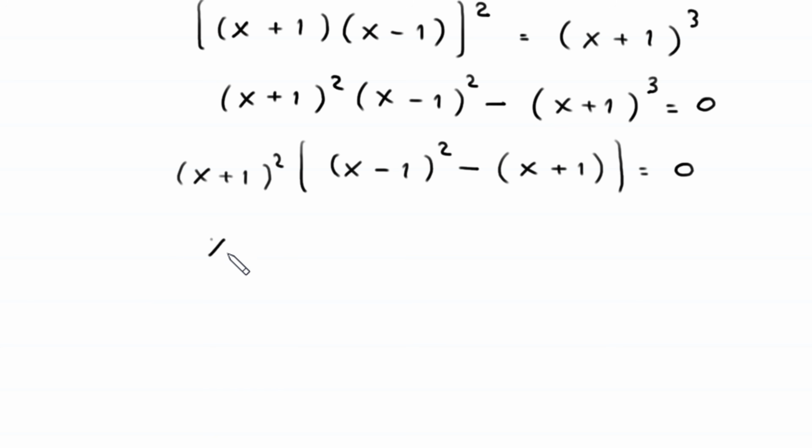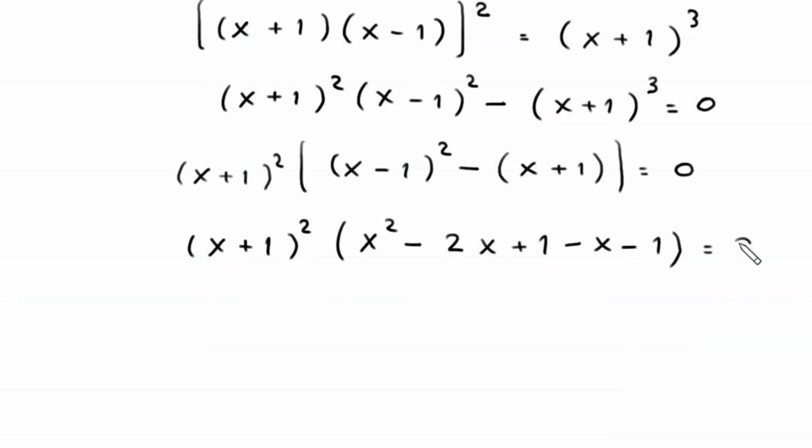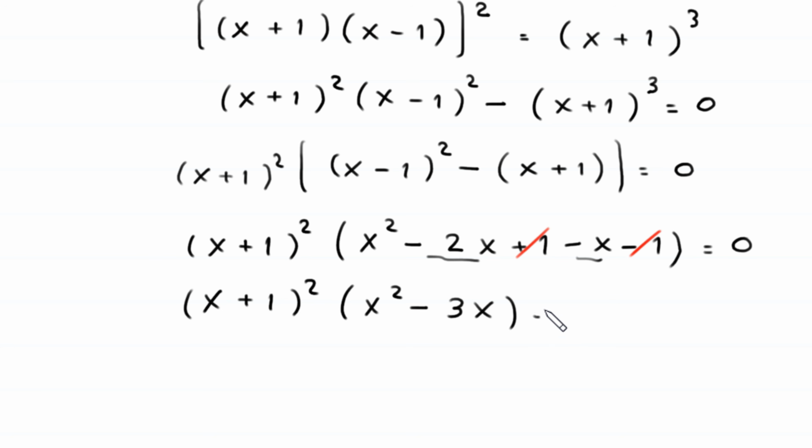Further simplify, this will become x plus 1 whole squared times expand this x minus 1 whole squared, this will become x squared minus 2 times x plus 1, negative times x, negative x, and negative times 1, negative 1, equal to 0. This negative 1 will be cancelled out with this positive 1. We are left with x plus 1 whole squared times x squared, and negative 2x minus x will become negative 3 times x equal to 0.